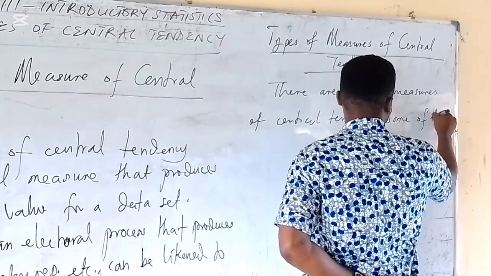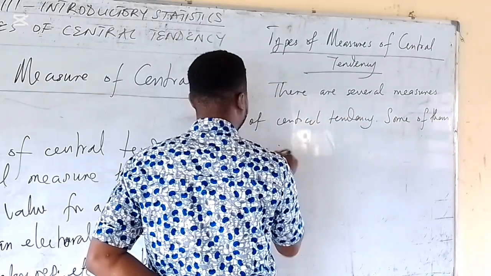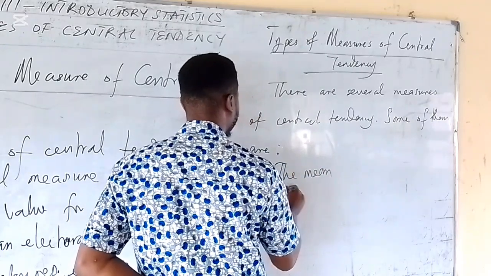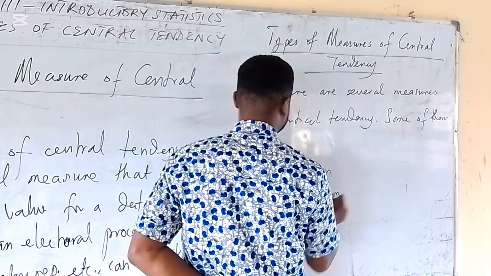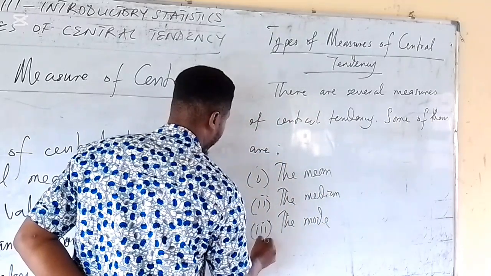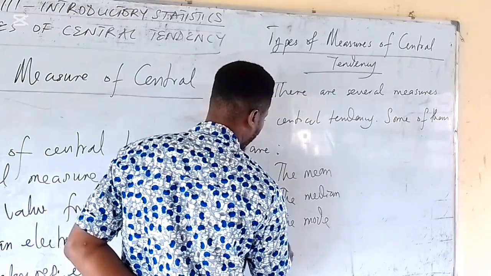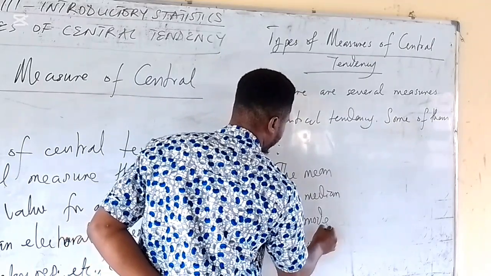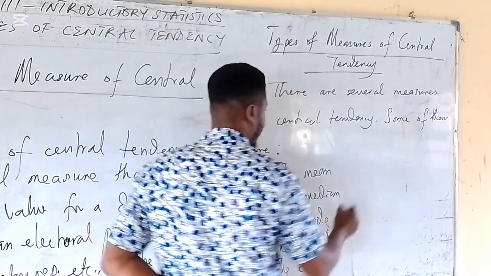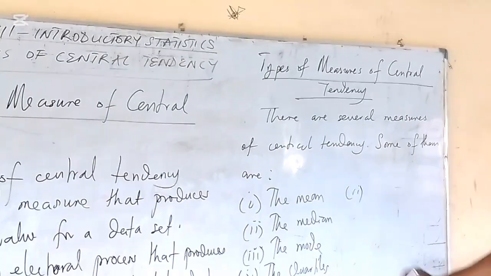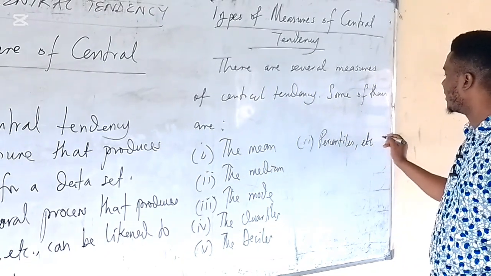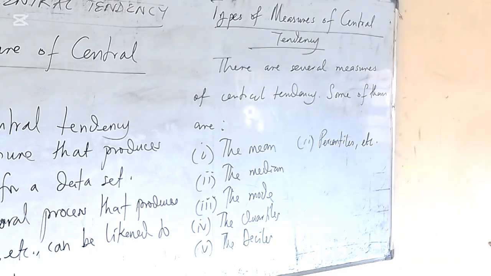Some of them are: 1, the mean; 2, the median; 3, the mode; 4, the quartiles; 5, deciles; 6, percentiles, etc. So we are certainly going to take more than that.